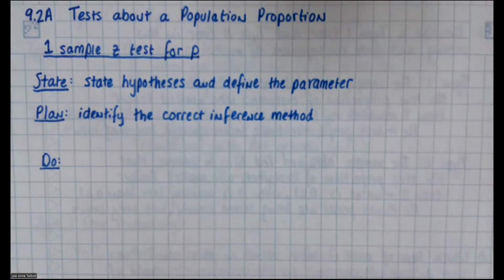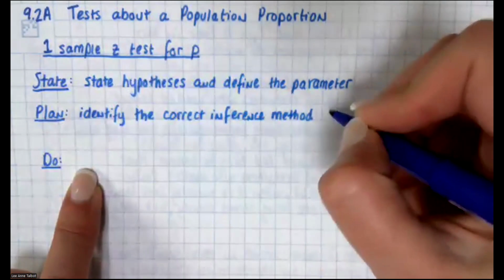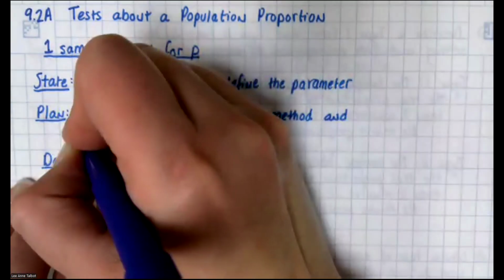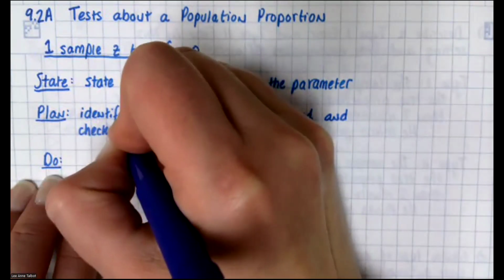It's already up on the screen. One sample Z-test for P, the title. Okay, and then check the conditions.